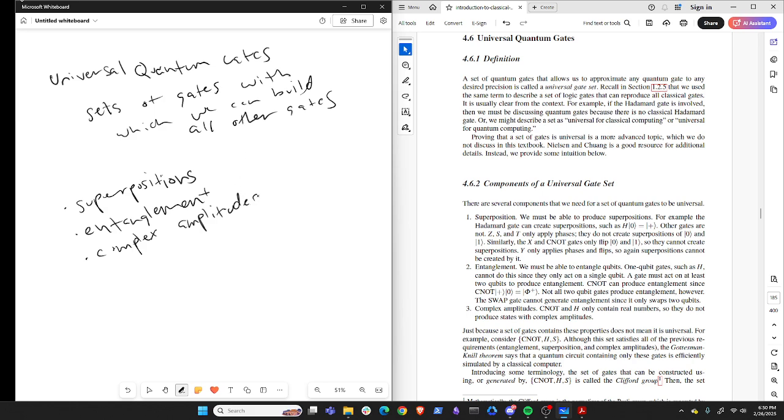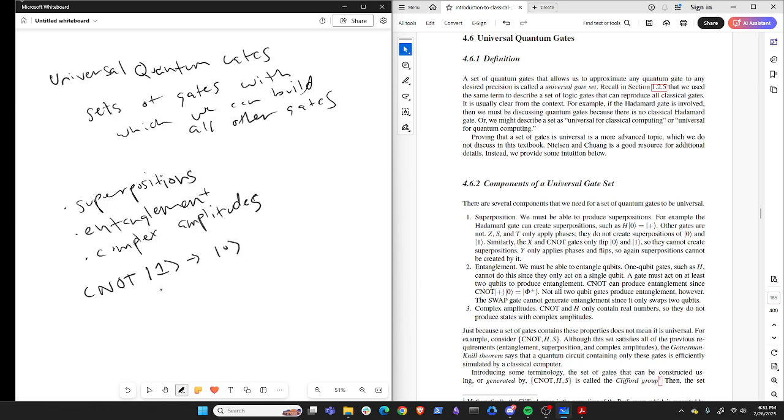So let's think about why each of these is essential, right? We have qubits. Qubits are not deterministic. They are in superpositions. Take a C0 gate, for example. A C0 gate can alter states, but it can't create superpositions. If I apply C0 to 1, it creates 0.